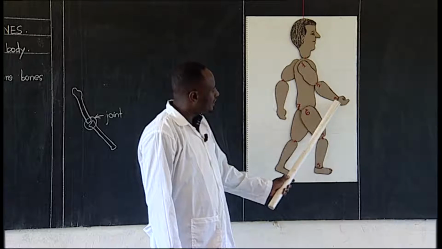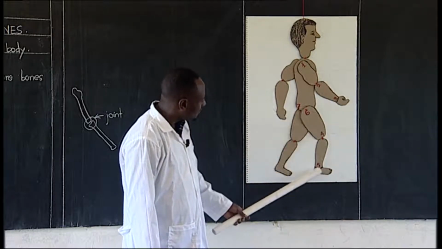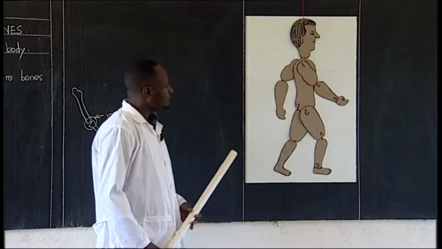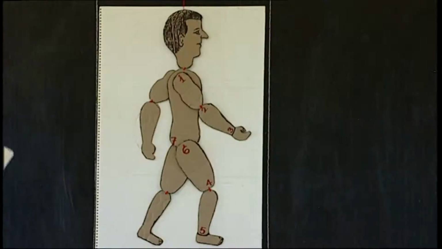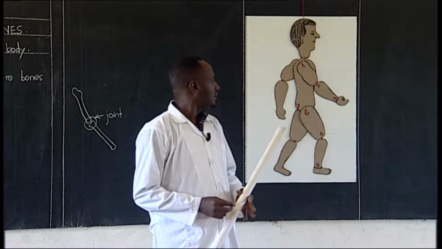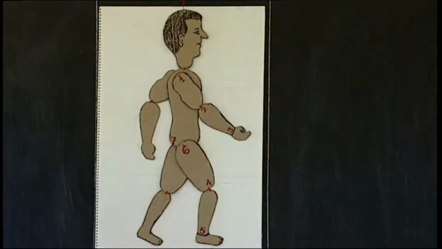We have a joint here, named 3. We have here 6, 4, 5, and 7. So, on our body, we have very many joints, but for the case of today, we want to look at the basic joints of a human body.